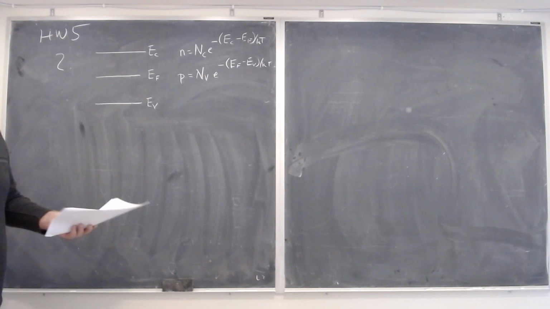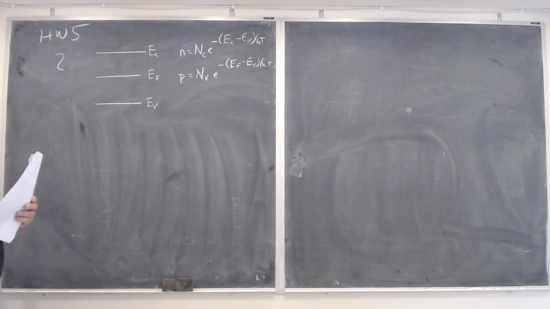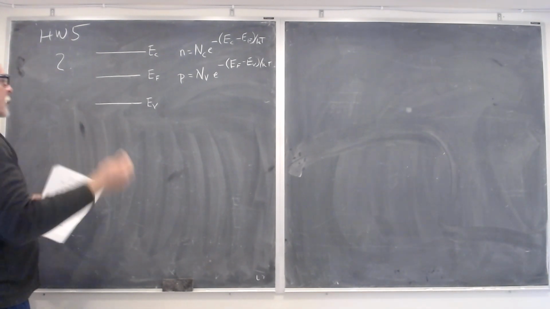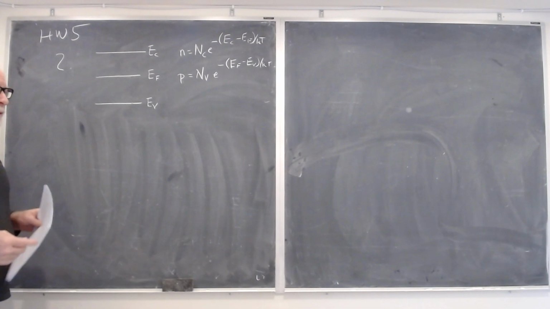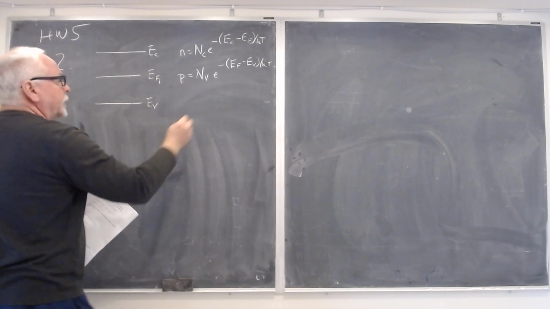So that's always true, meaning it doesn't matter what the doping level is. And so the problem was to calculate what the intrinsic Fermi level is, which is the Fermi level when there's no doping. And so let's label all these i here now.